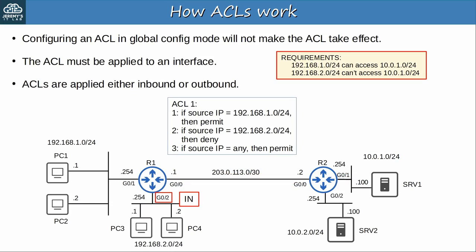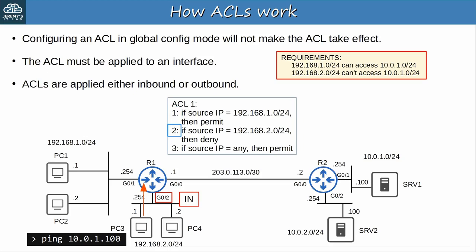What if we applied the ACL inbound on G02? That means R1 will check the ACL for all traffic entering G02. So if PC3 tries to ping server 1, R1 will check the ACL. Once again, it will check the entries in order, from top to bottom. If source IP equals 192.168.1.0/24, the source isn't in that subnet, so it checks the next entry.